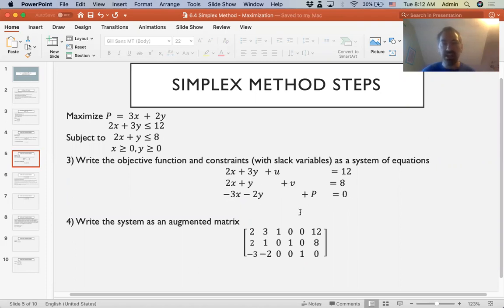I've set it up so that I've separated my variables, so you can think of this as columns. I've got an x column, a y column, a u, v, p column, and then the right-hand side of constants. So now write this as an augmented matrix. I'm just removing the variables and keeping the coefficients here.